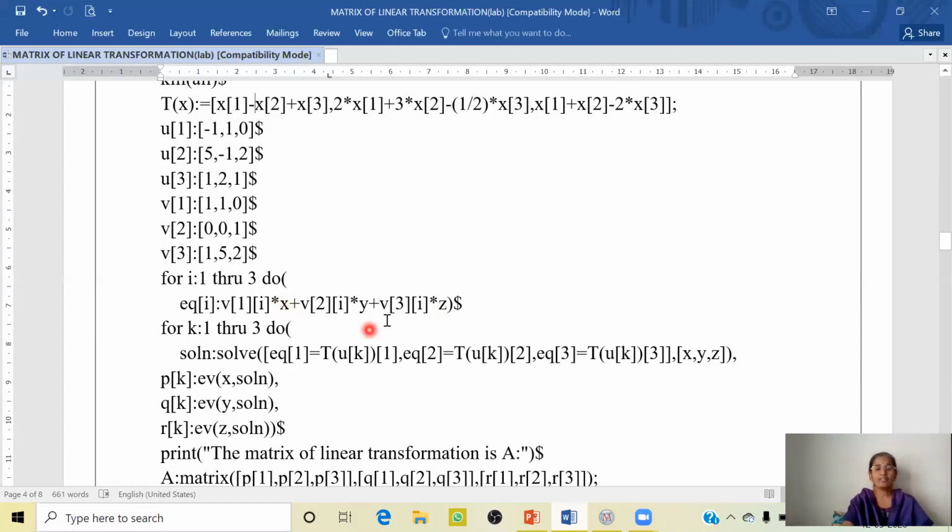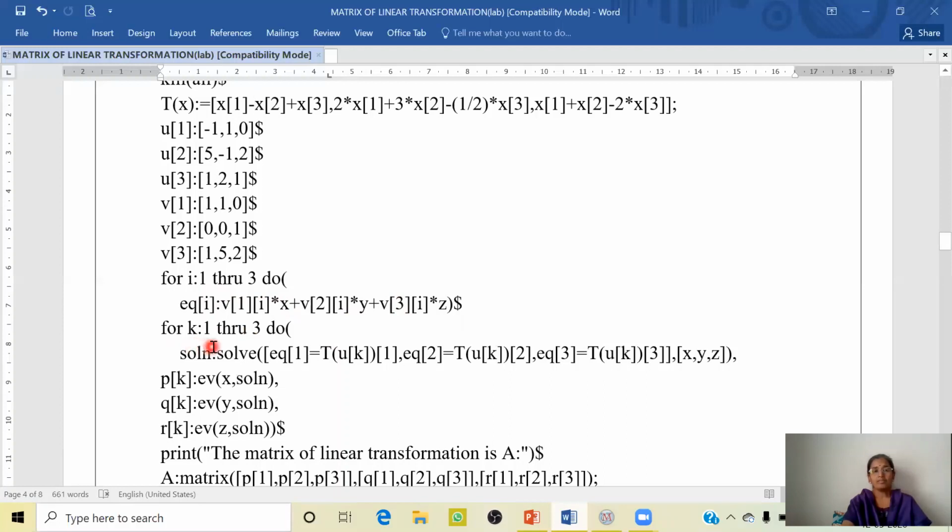Here these X, Y, Z are nothing but C1, C2, C3, K1, K2, K3, and R1, R2, R3, depending upon the values of I equal to 1, 2, and 3. So this is for the right hand side.